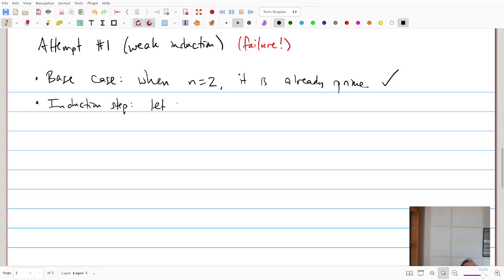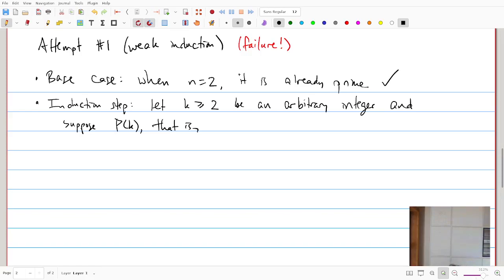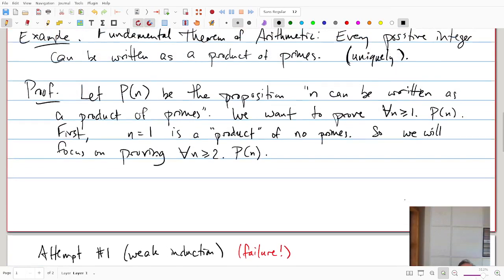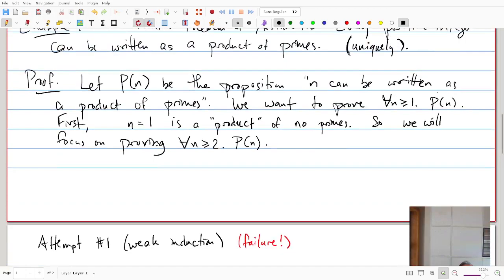we're going to say, let k be greater than or equal to 2. I mean, it says arbitrary integer. Really, I mean an arbitrary integer greater than or equal to 2. And we're going to suppose P of k. That is, what does that mean? Proposition P means something can be written as a product of primes.